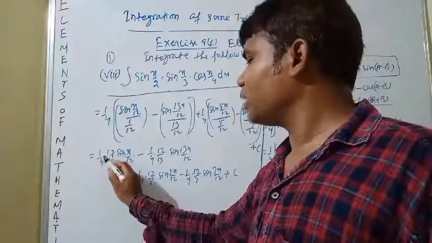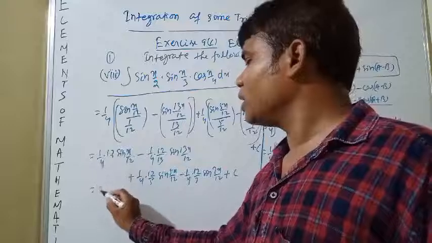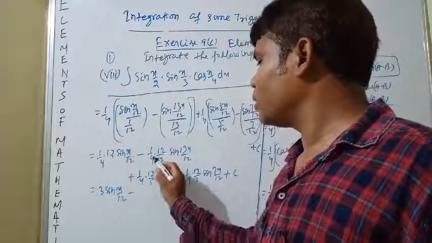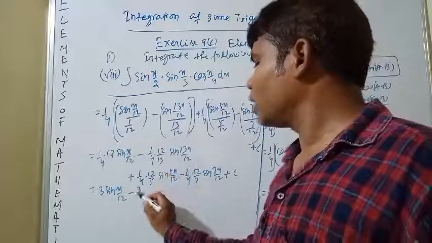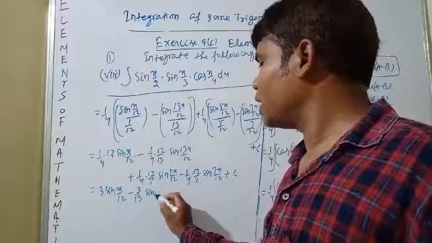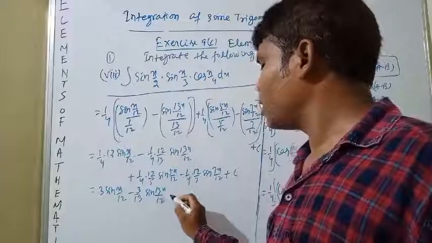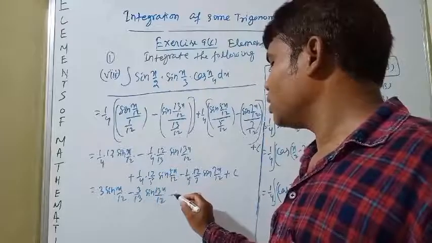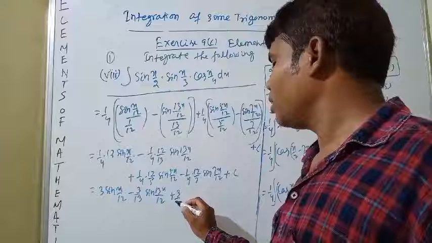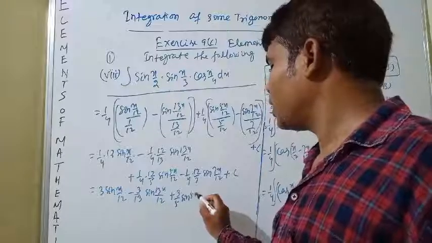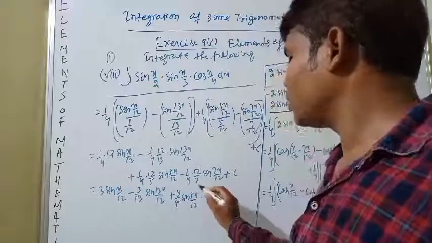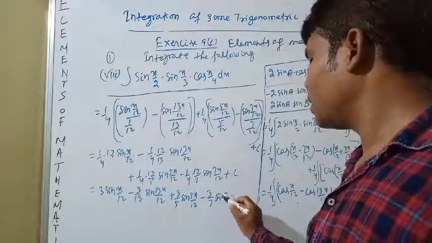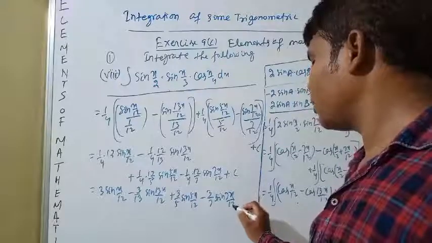Here this is 3 sin x by 12 minus, 4 cancels with 12 leaving 3, so 3 by 13 sin 13x by 12, plus 3 by 5 sin 5x by 12 minus 3 by 7 sin 7x by 12 plus c.